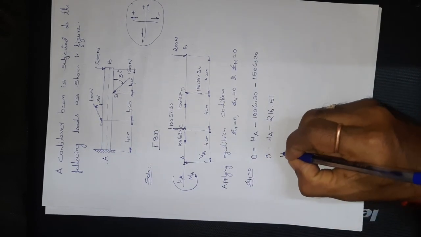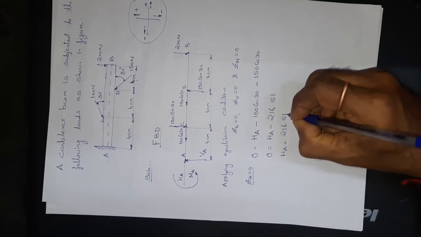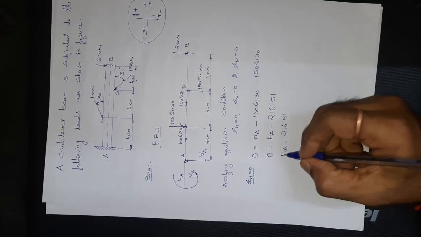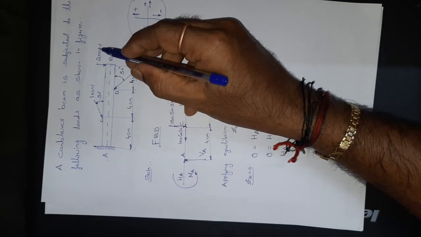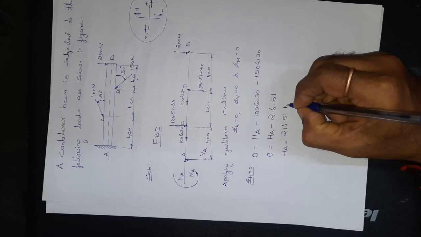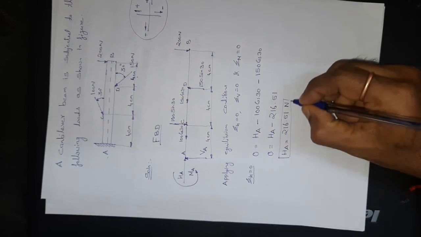Let me calculate the value here: 216.51. So therefore HA equals 216.51. What is the unit of this reaction? All the point loads are in Newton, so this will also be in Newton. So HA equals 216.51 Newton.